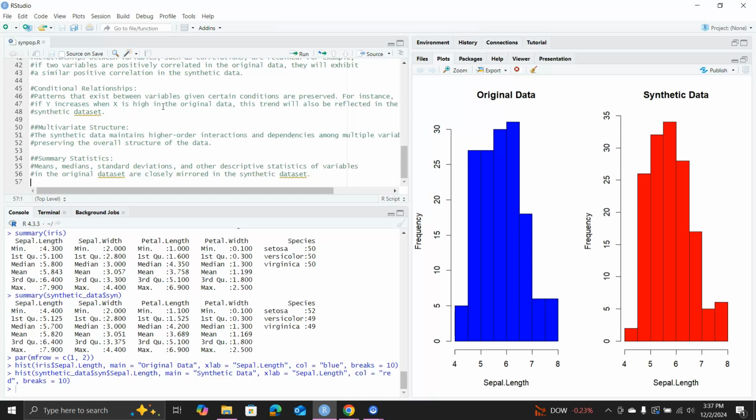Okay, so I just want to show you this function, or this package, for creating a cloned copy of the original data set. I think it's very useful if you cannot really share the original data set, but you want someone to work on a very similar data set.